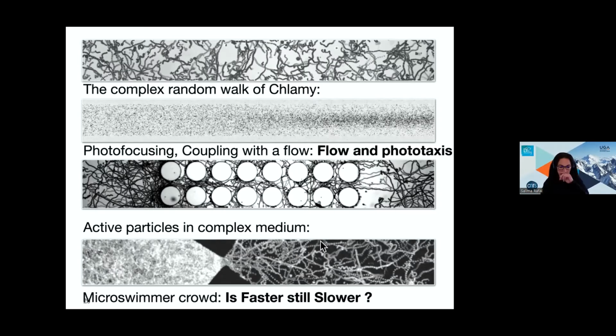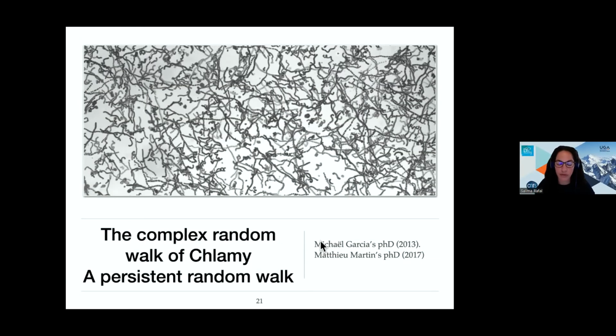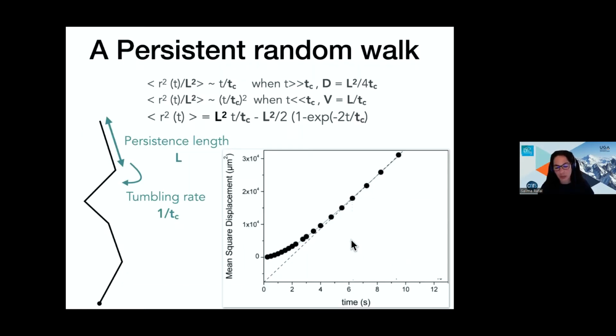So first, the complex random walk of Chlamydomonas. This was the work of PhD students Michael Garcia and Mathieu Martin. If I go directly to the result, please ask if you want experimental details on this, but we follow with standard particle tracking methods the trajectories of the system.